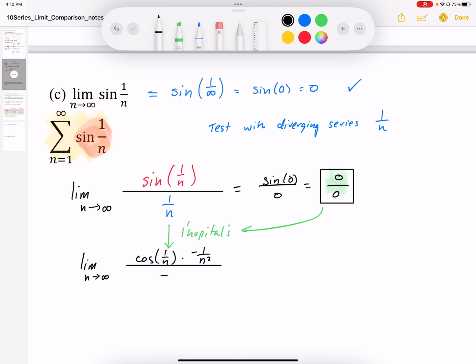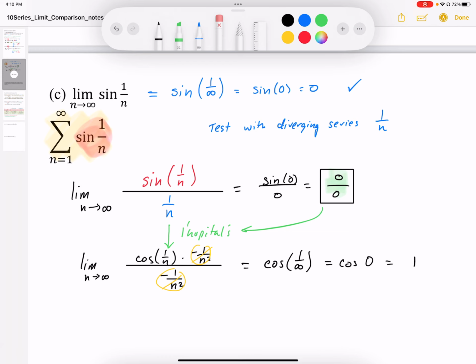In the denominator, I get the derivative of 1 over n, which is 1 over n squared. These terms are going to cancel out algebraically, and so we're left with a limit that I can evaluate. So this becomes cosine of 1 over infinity, which is the same as cosine of 0, which is equal to 1.